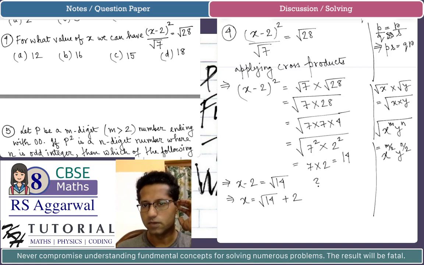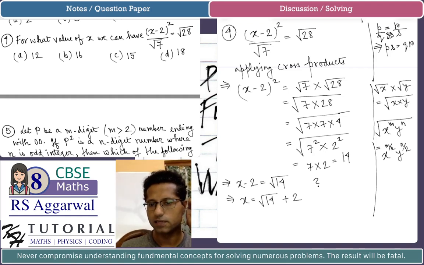But if somehow (x minus 2) whole square comes to be 14 square, then we can say x minus 2 is equal to 14, and then x will be 14 plus 2, 16.